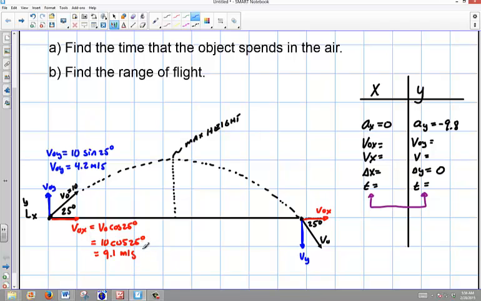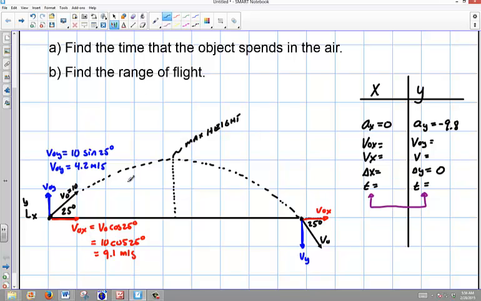So this is always important in a projectile problem. We have to split up our components. We have to know what the initial x is, and we have to know what the initial y is, because the only language that we speak is x and y in terms of the equations, because I've defined my axis like this, right?